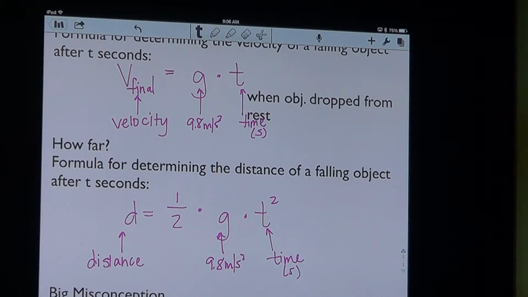Wait, which is my... Cause that's the same thing as divided by.